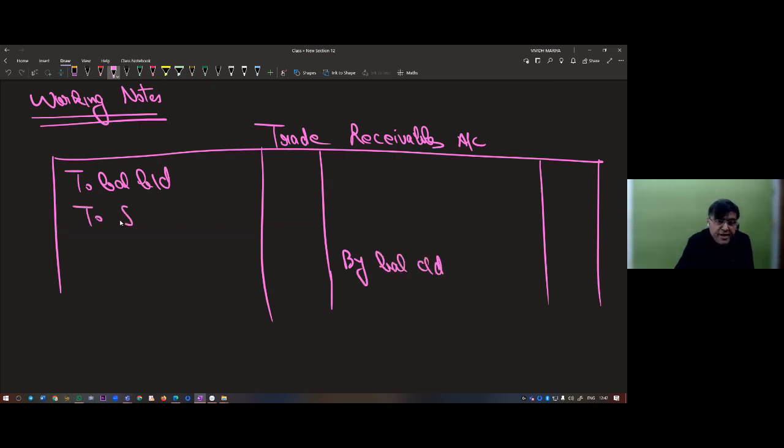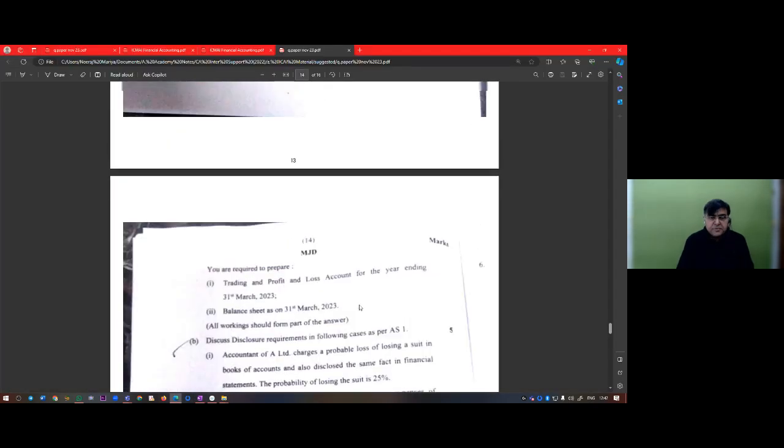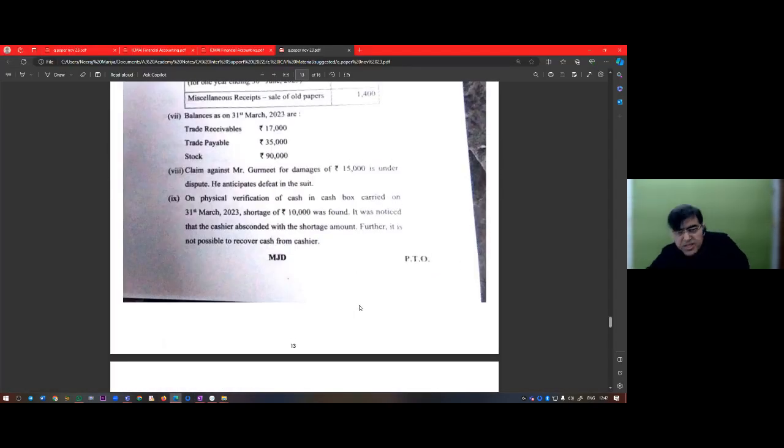When you make credit sales, it will come here. When you make collection from debtors, it will come here. And that's all, nothing extra. So quickly, time is 18 minutes, task to be completed. Time is less, hard work is more.